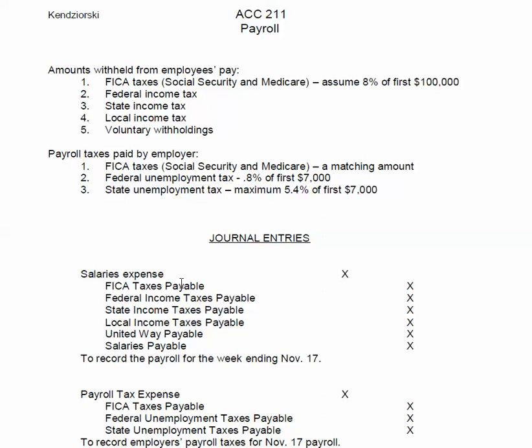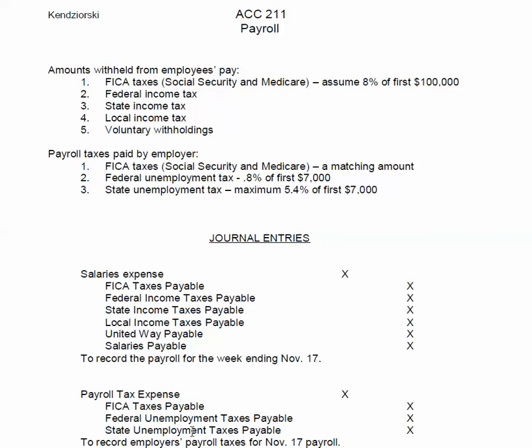And finally, notice that all of these credits end in the word payable. They're all liabilities. The withholdings are all liabilities because the company withholds that money from the worker's paycheck, but then the company sits on it until it's time to turn around and remit it to the various taxing agency. So while the company is holding on to it, it's a liability on the company's books.